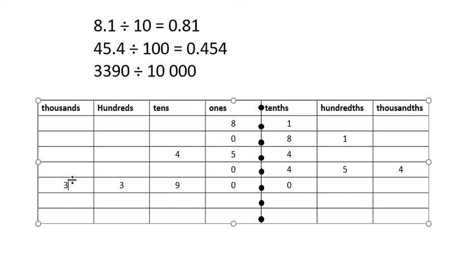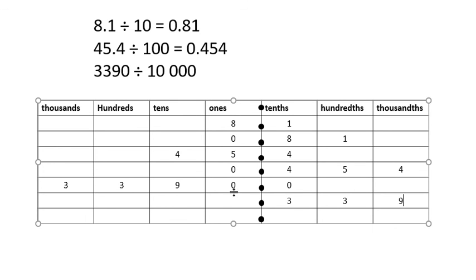So this 3,000s, we're moving to the right by 4. So 1, 2, 3, 4. So my 3,000s becomes 3 tenths. My 300s becomes 3 hundredths. My 9 tens becomes 9 thousandths.